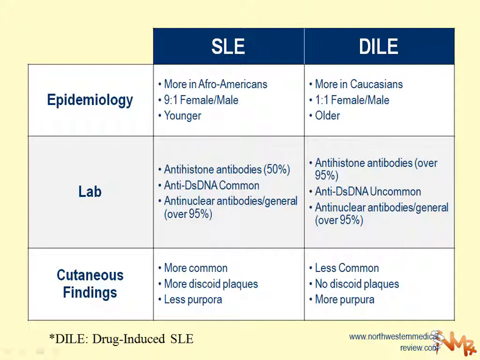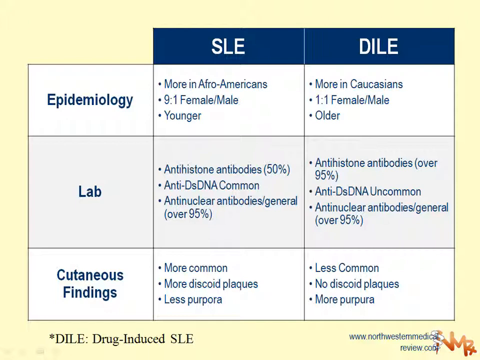When you look at the lab findings, antihistone antibodies are common in systemic lupus. Anti-double-stranded DNA is also common, and collectively you can call these two anti-nuclear antibodies, and over 95% of the patients tend to have these anti-nuclear antibodies, which collectively stands for antihistones and anti-double-stranded DNA antibodies.